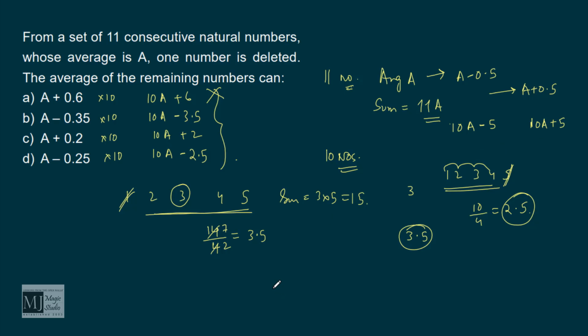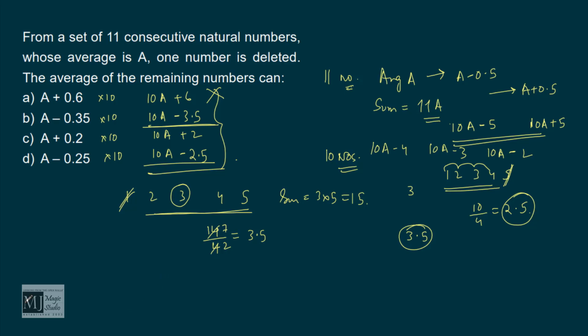But since we are here with 10 numbers, one thing also make this clear, that the total would be 10A minus 5 or 10A minus 4 or 10A minus 3 or 10A minus 2, but the total can never be in decimal, as it is given in option B and option D. Why?